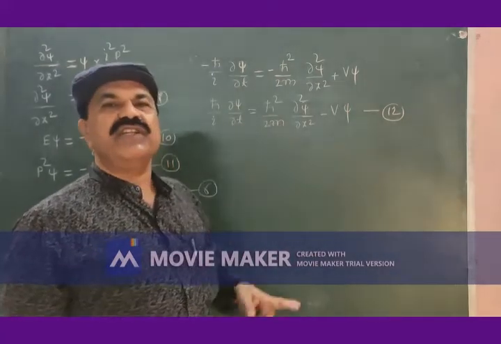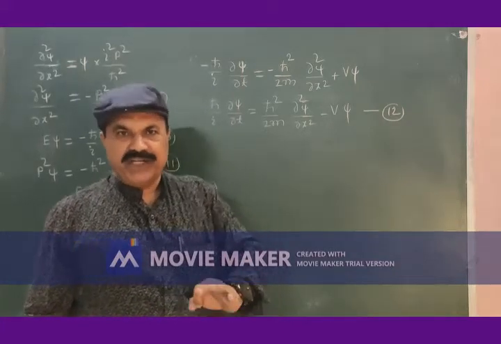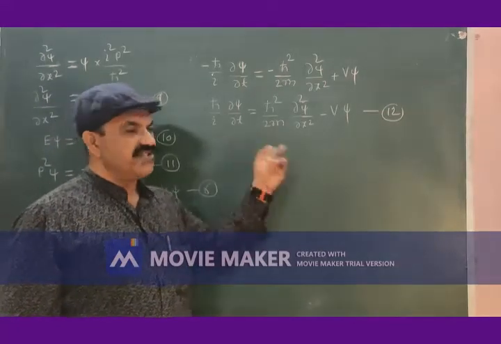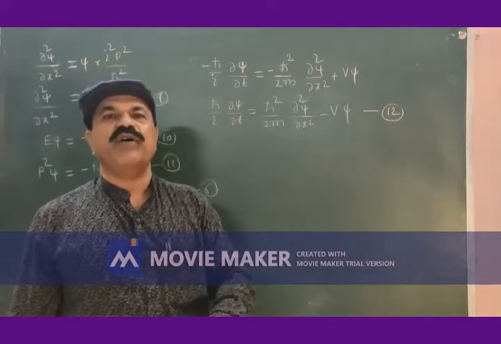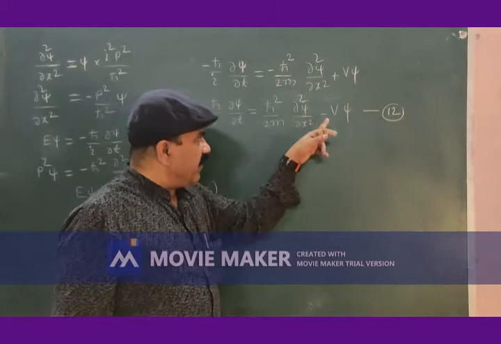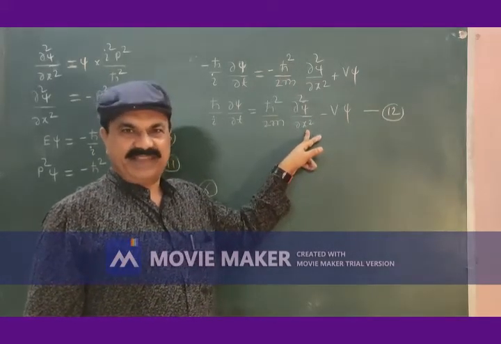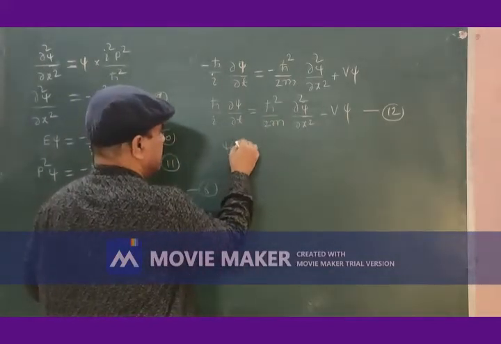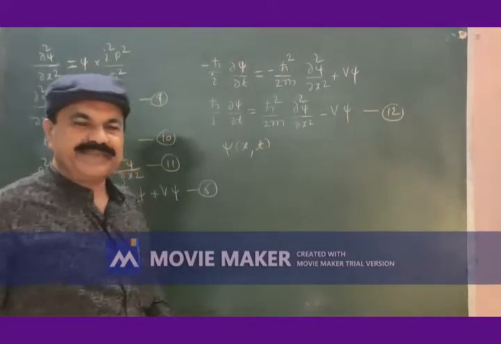Equation 12 is known as the time dependent form of Schrodinger equation. Here we have only one position variable x. Here the function psi is psi of xt.